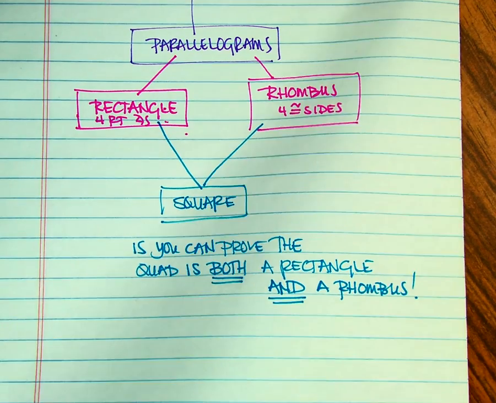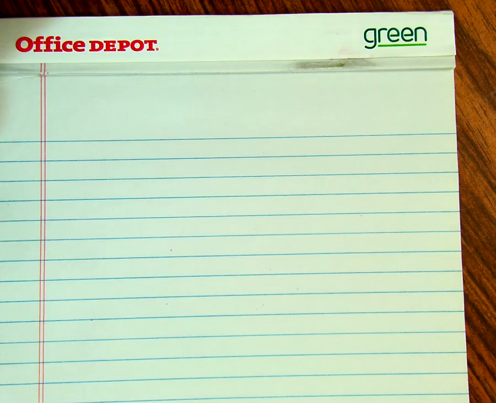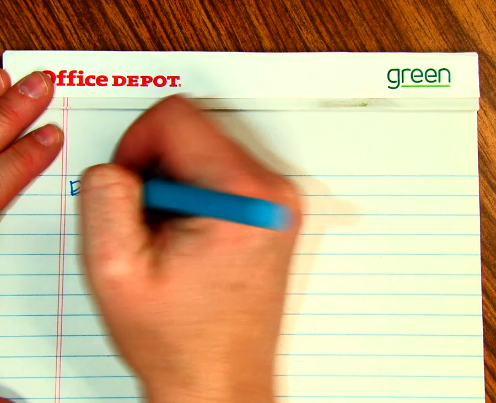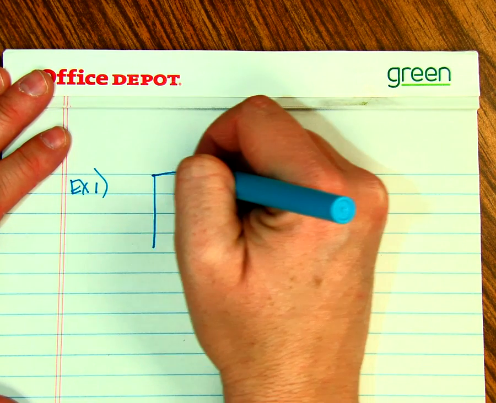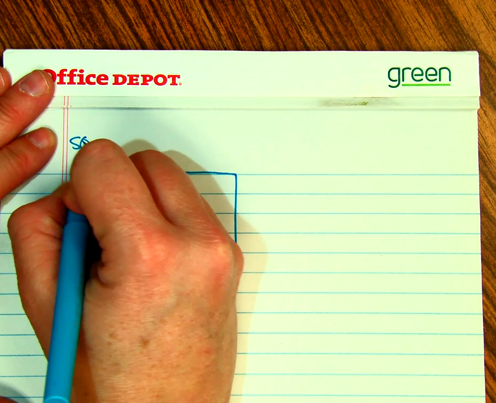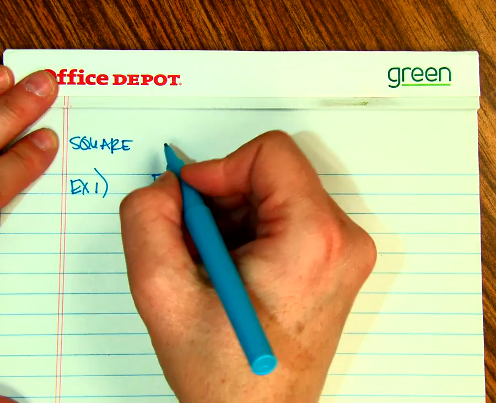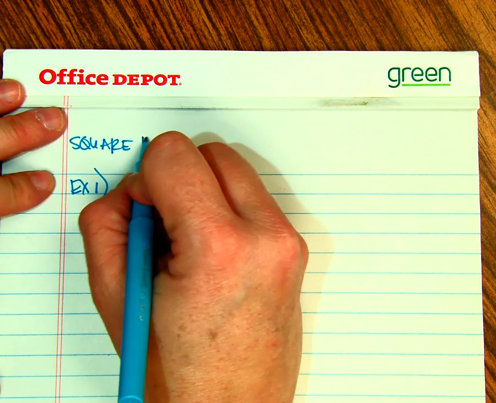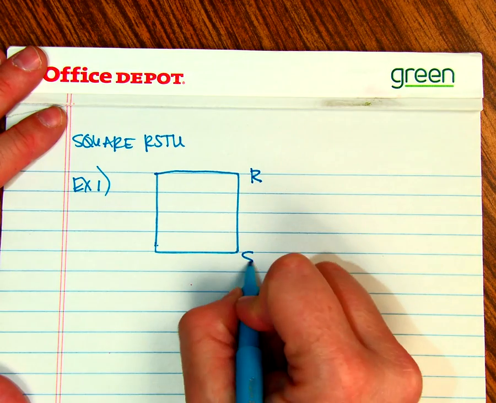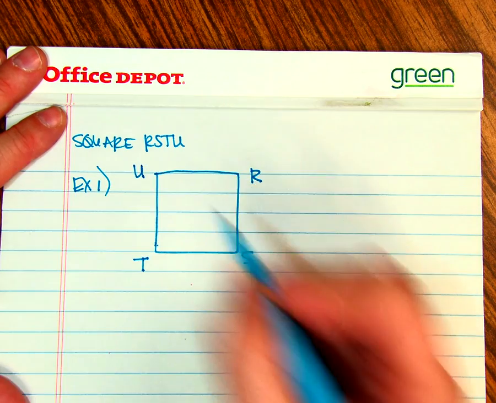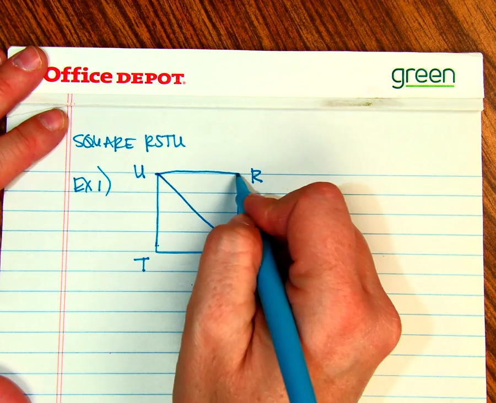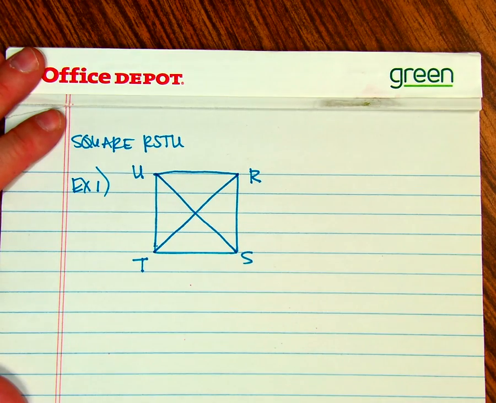Okay, so the properties of a square would be, label this as example 1. So if I am given that this is a square, we'll say R, S, T, and U, and we have diagonals US and RT.